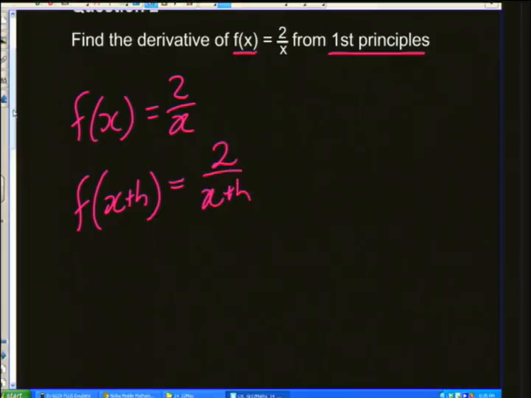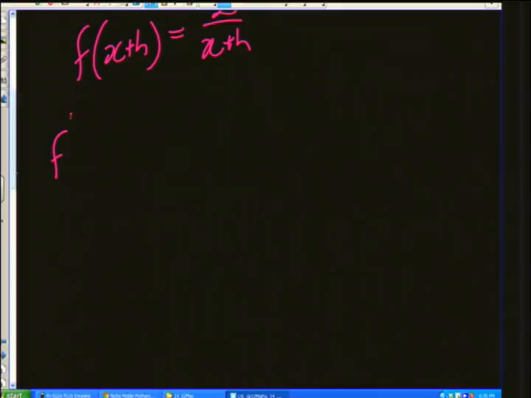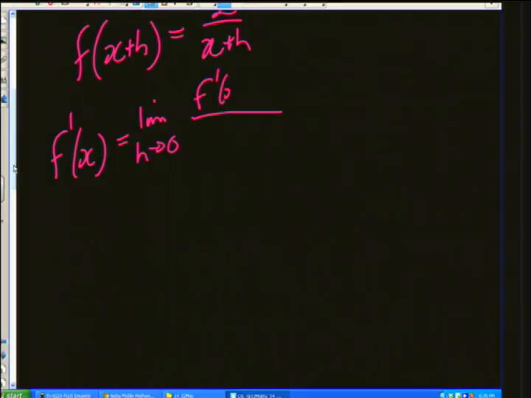So now, what's my derivative? I want to find the derivative. Remember, the formula is on the data sheet. f dash x is equal to the limit as h tends to 0 of f of x plus h minus f of x.